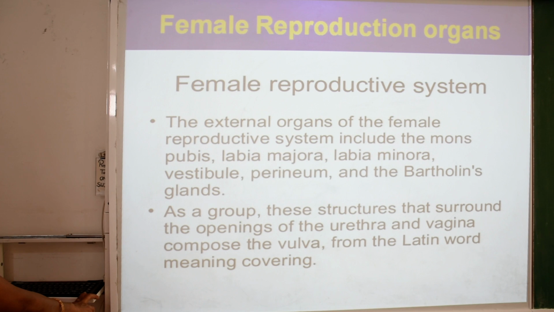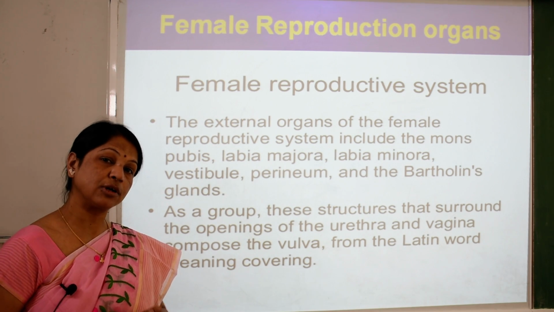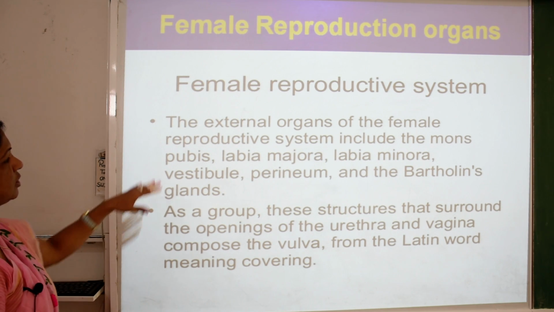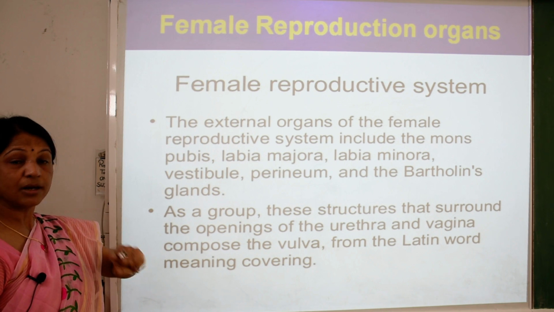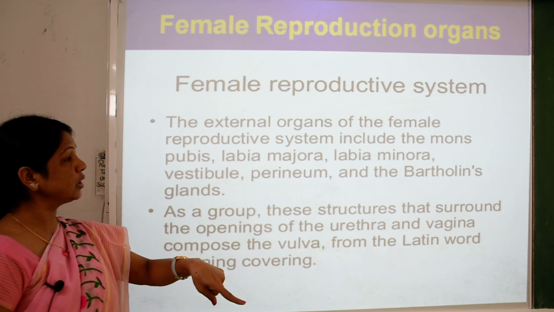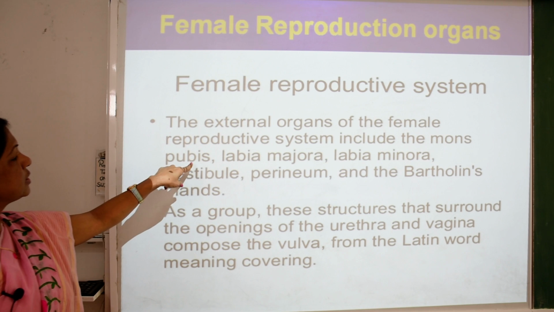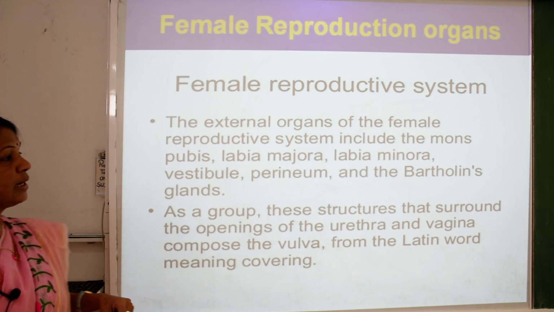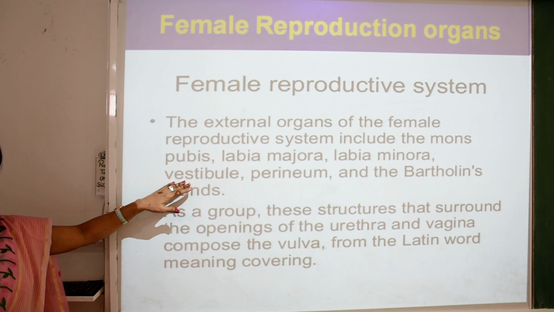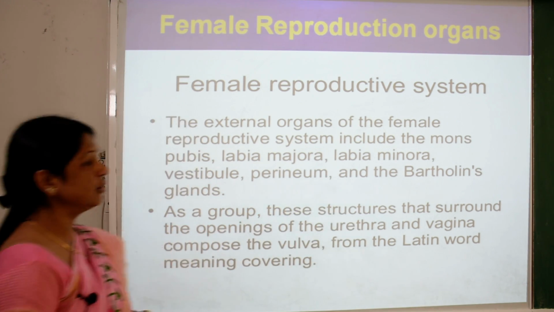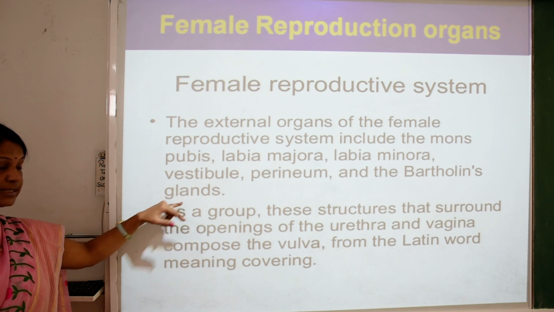Now, let us see ahead about the female reproductive system. The external organs of the female reproductive system include the mons pubis, labia majora, labia minora, vestibule, the perineum and the Bartholin's glands.